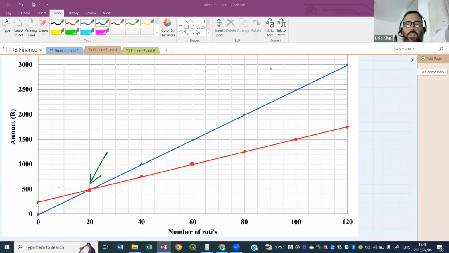Now, if Hein knows this, Hein will make sure that every day he sells how many rotis to make profit? Because the question here is, where's my question now? It's evading me.